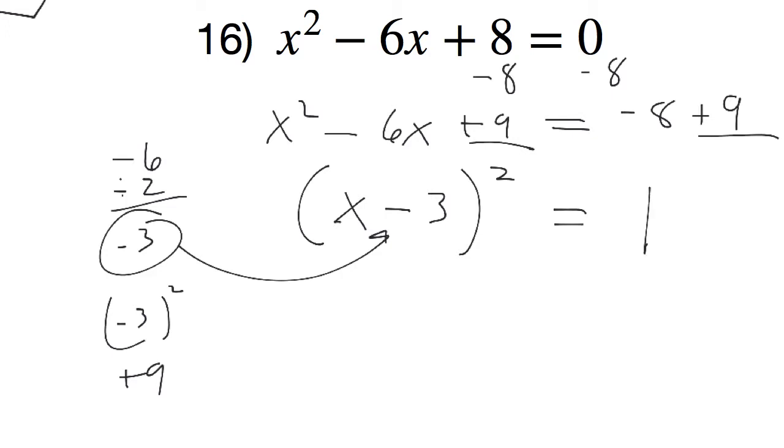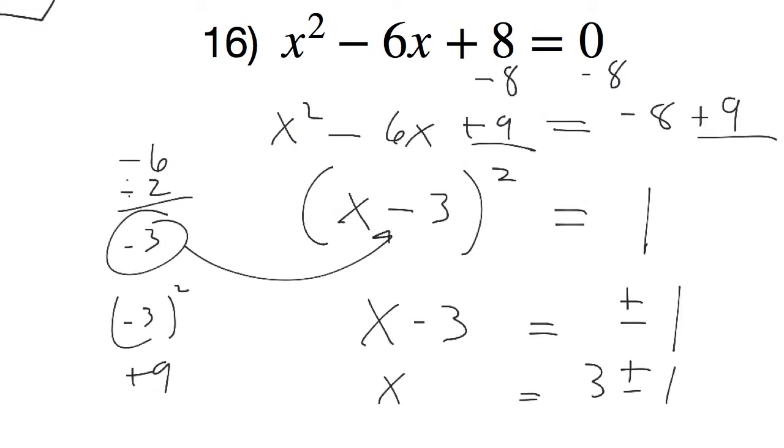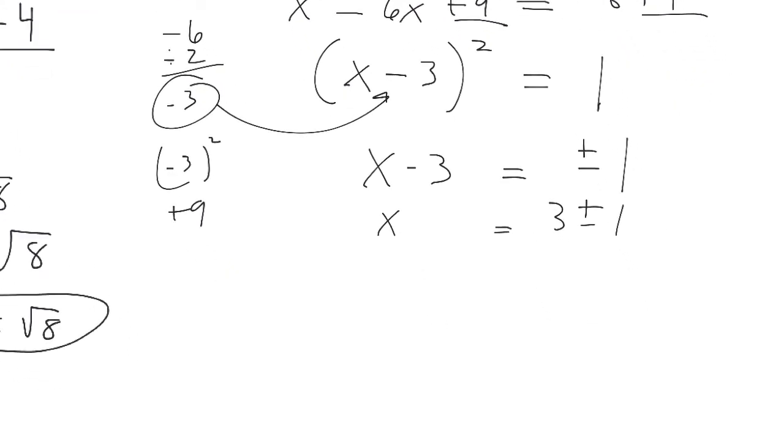Taking the square root of both sides, undoing the absolute value, you get x minus 3 is equal to plus or minus 1, and therefore x has got to equal 3 plus or minus 1, because you added 3 to both sides. Just writing all out, you get 3 plus 1 is 4, or x could equal 2.